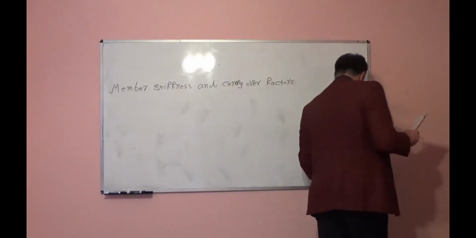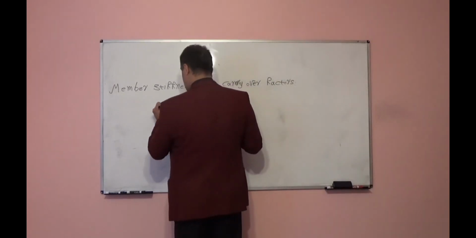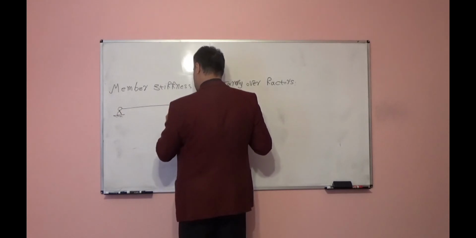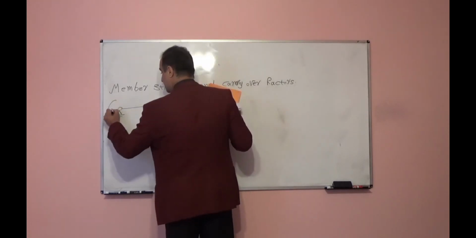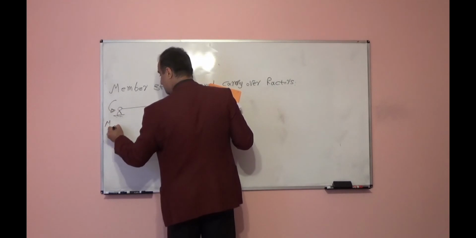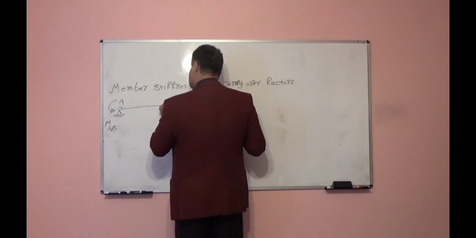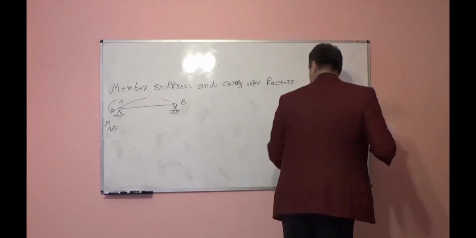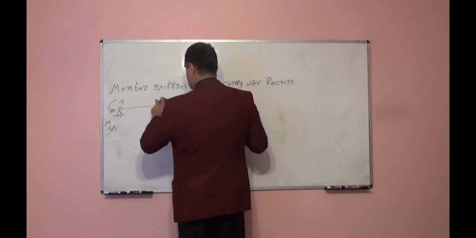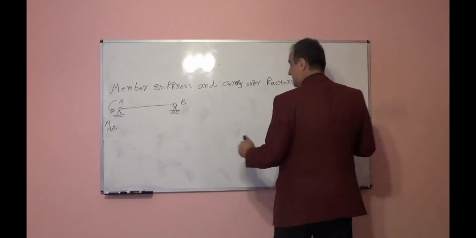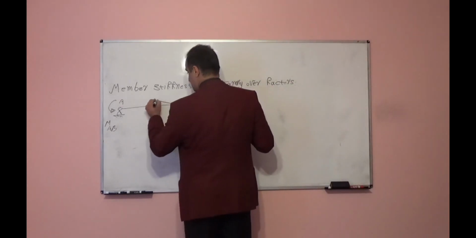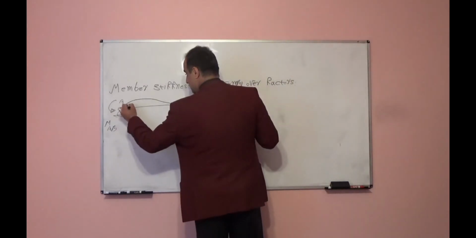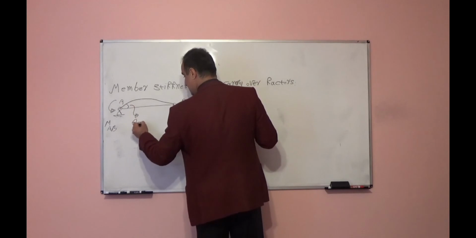Instead of this beam, if we have a simply supported beam, and I apply moment MAB here, this beam will deform a little bit like this, if I show more precisely, it will be something like this. Okay, I apply MAB here. Let's see what is theta A.